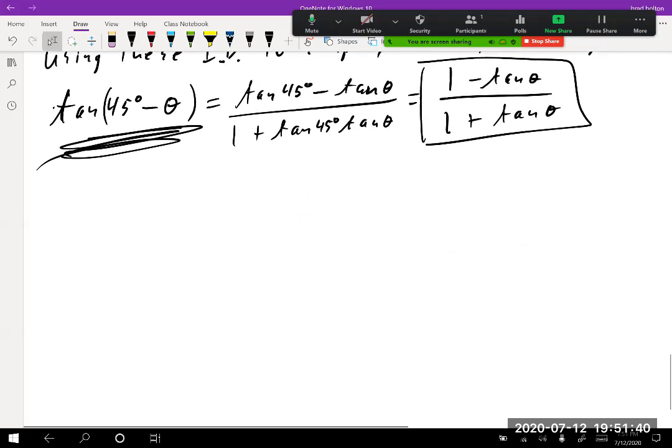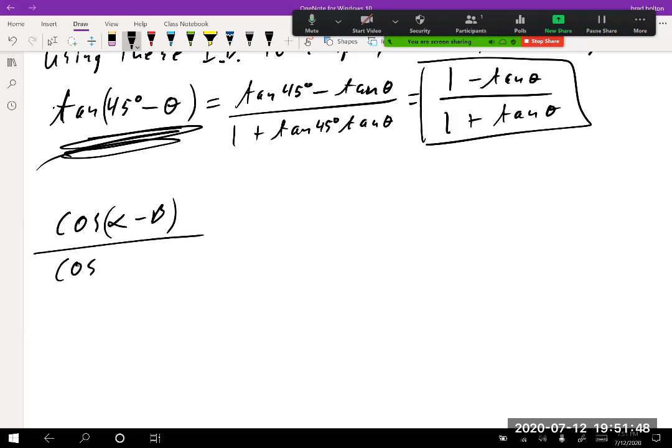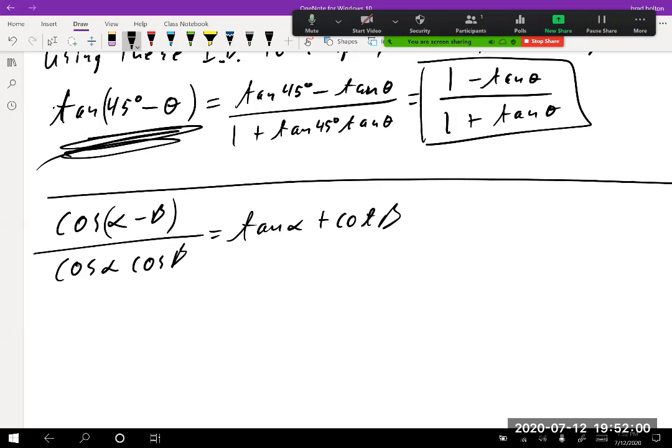We could also create this. We could say cosine of alpha minus beta divided by cosine alpha cosine beta equals tan alpha plus cotan beta. So in the previous section, we verified identities. Verify that this is an identity.